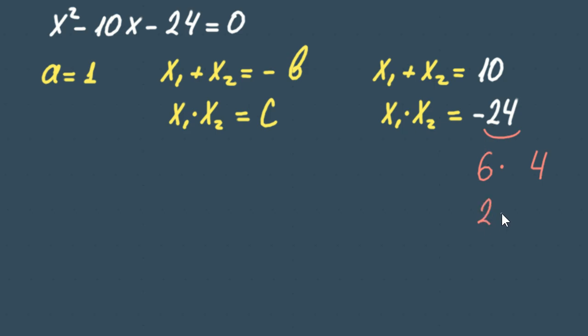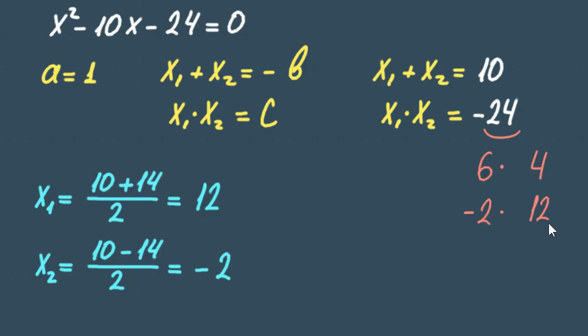But if we represent 24 as a product of 2 and 12 and put a minus sign in front of 2, that's exactly what we get. That the sum of these numbers is 10, and the product is negative 24. And these numbers are our solutions of the equation.